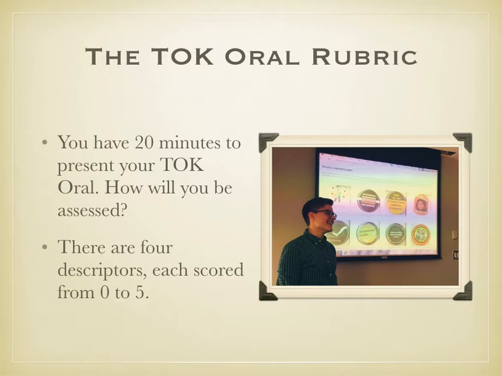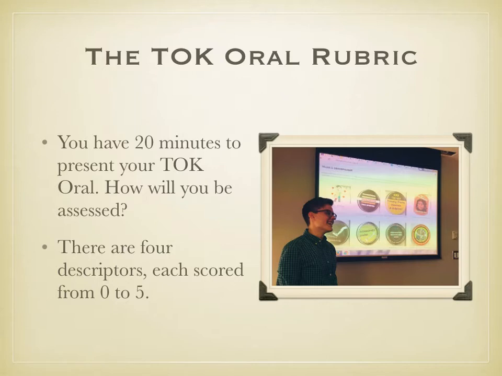How are you going to be assessed? How are they going to score this thing? Well, there are 4 descriptors. There are 4 tasks which you must complete with your oral presentation, each of which is scored from a 0, which is essentially a no score, off topic, outside the range of the discussion, didn't complete the task, to a 5, which is the fantastic, why are you not teaching this course yourself? 5s don't require perfection.